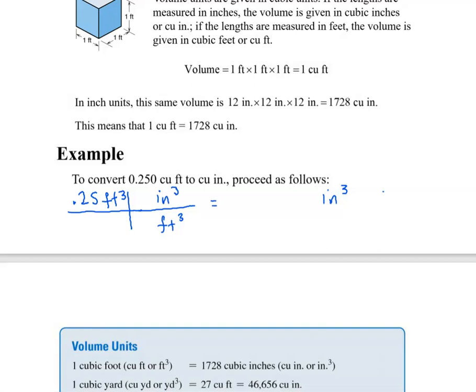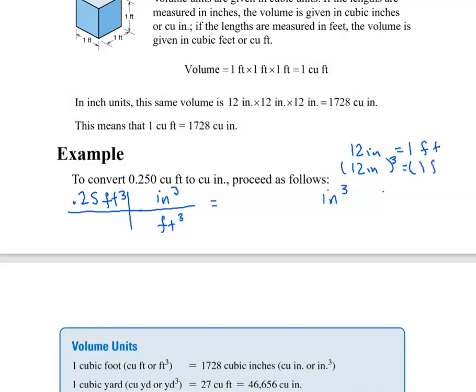Okay, and we could do the conversion by hand. We could say, well, what do we know about inches and feet? We know that there are 12 inches in 1 foot. And if we cubed those, because we want to cube the whole thing, not just the inside.